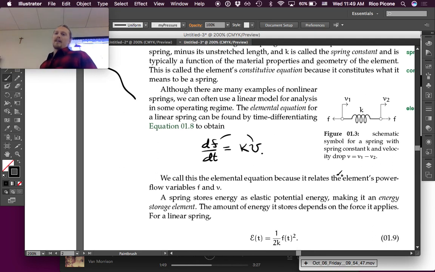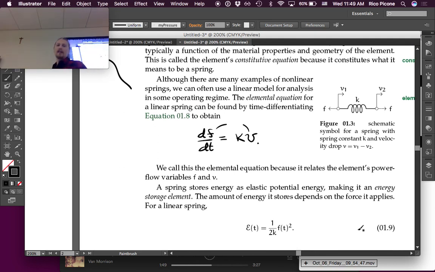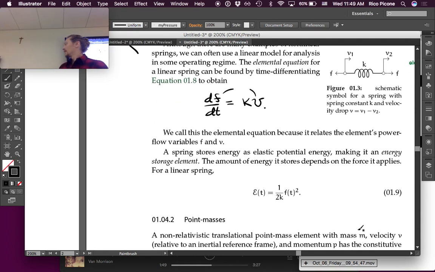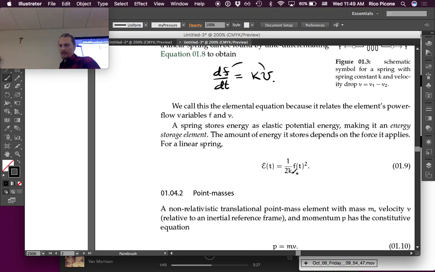Great. The spring stores energy as elastic potential energy, making it an energy storage element. So we've got our first energy storage element. The amount of energy it stores depends on the force it applies. For a linear spring, the energy is 1/(2k) F squared.